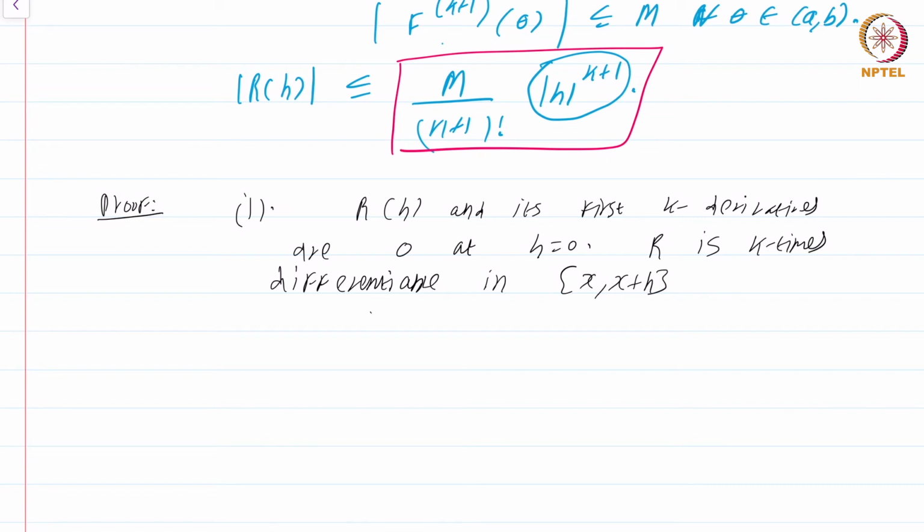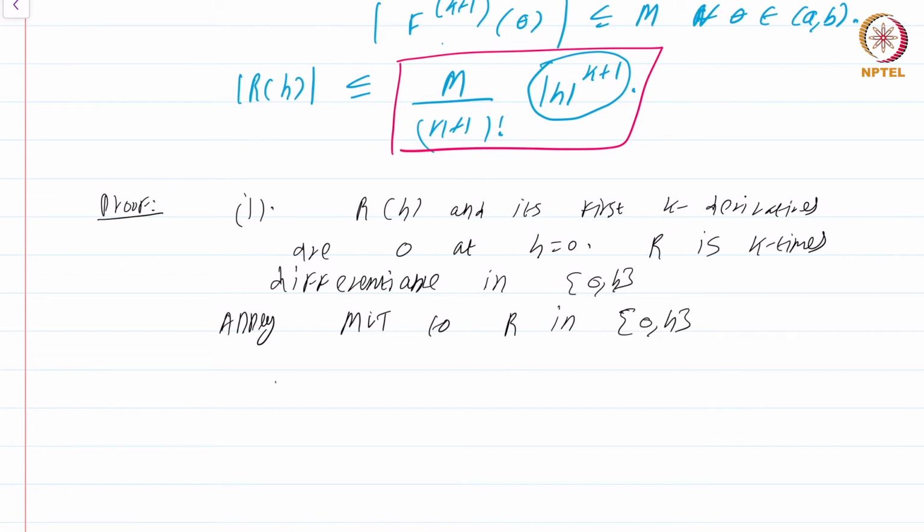So we can apply mean value theorem to R in 0h. What do we get?